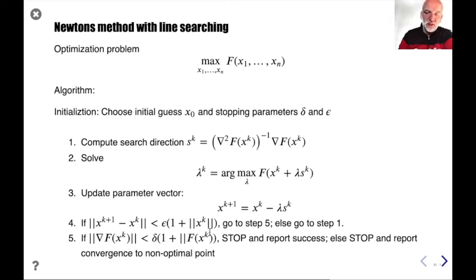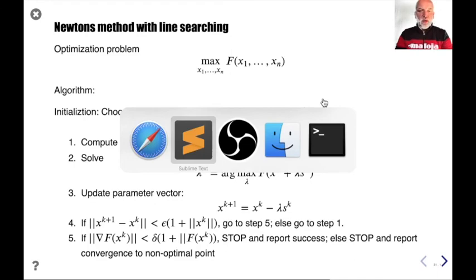Here I'm missing two vertical bars. When I say norm, I just mean the sup norm, or the max absolute value. If that's satisfied, then stop and report success. Otherwise, stop and report convergence to a non-optimal point.